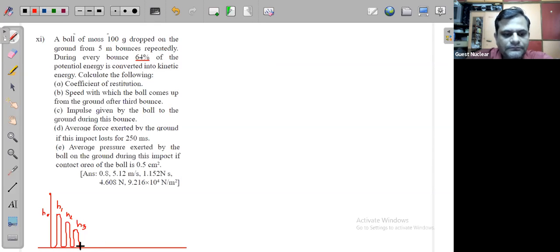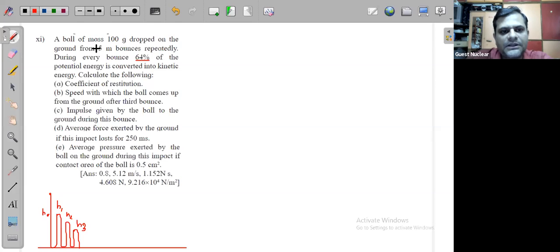Again it is going to repeat the same procedure again and again. Okay, so this is the first bounce, this is the second bounce, and this is the third bounce. Okay, right, sorry. So after the first bounce, the height is h1. After the second bounce, the height reached is h2, and after the third bounce, the height is going to be h3.